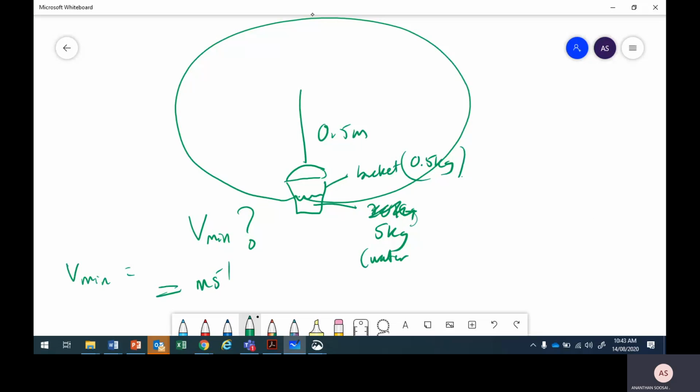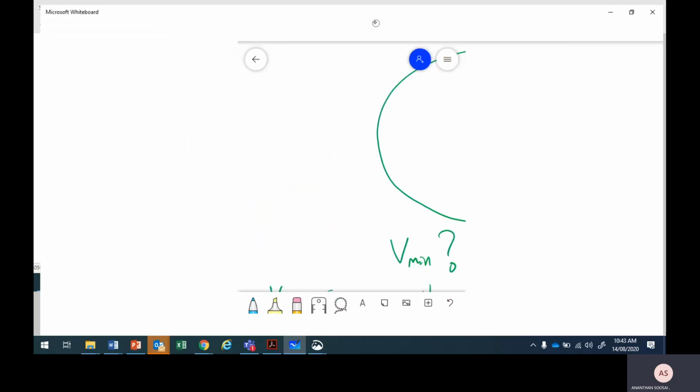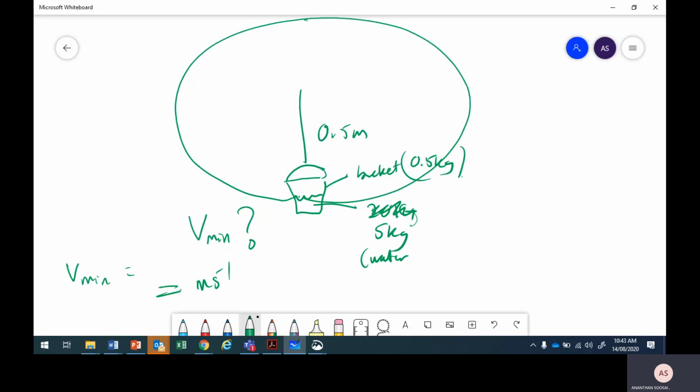So you need to visualize the top position. You need to visualize the bucket here, sorry, it should be on top. Visualize what forces are acting at that moment.